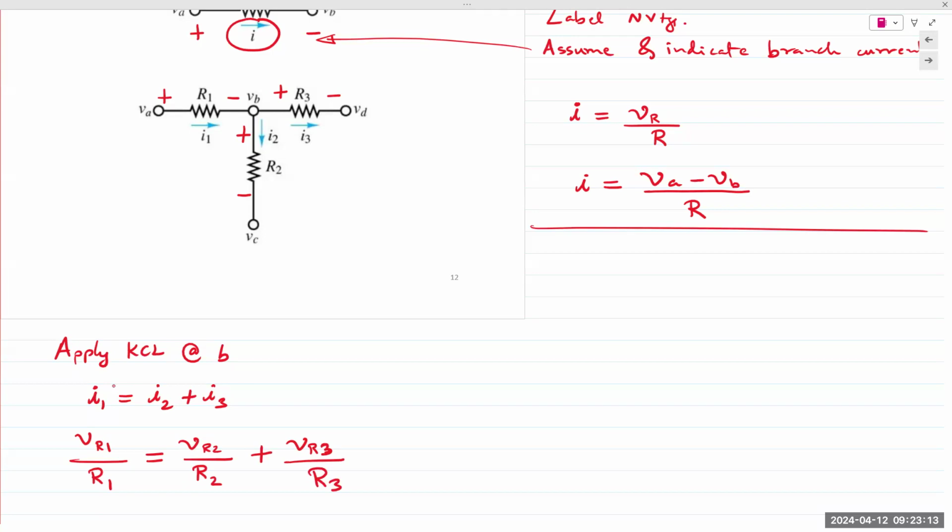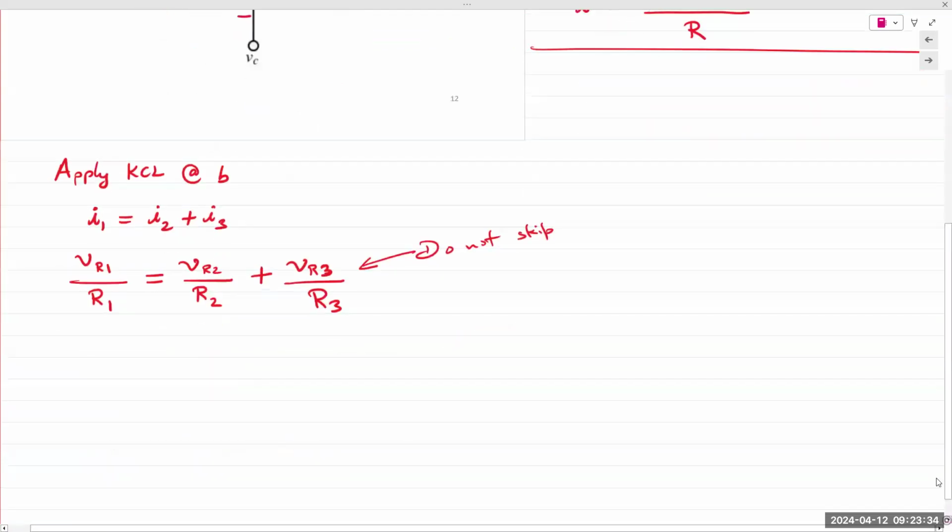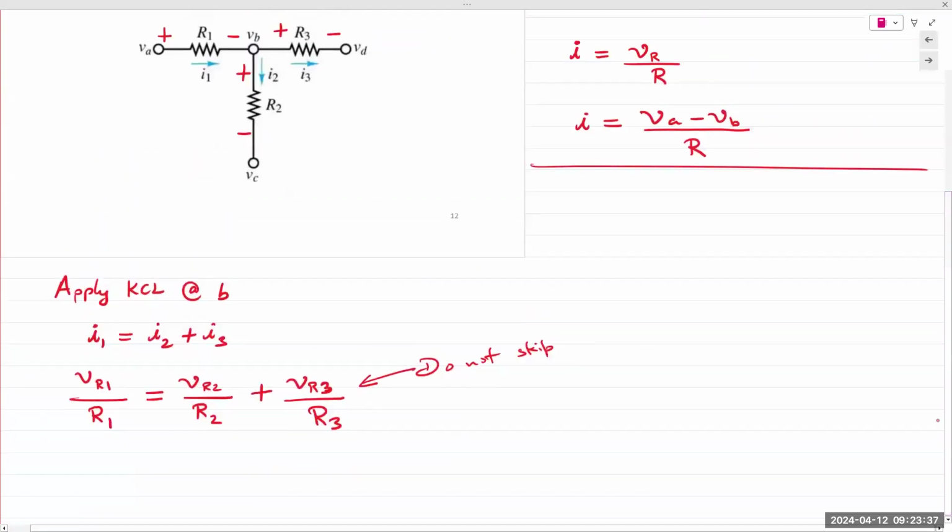I would strongly recommend to not skip this step. If you look at most textbooks, they will not write out this step. I would strongly recommend do not skip this, especially when you're learning this technique for the first time. Okay, write this out. So it helps you in relating each resistor voltage to that circuit diagram.